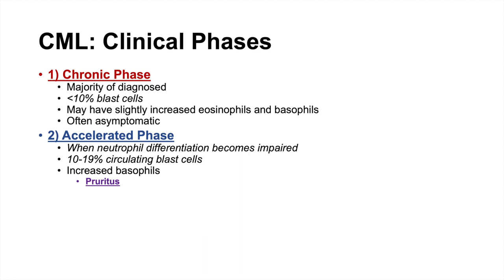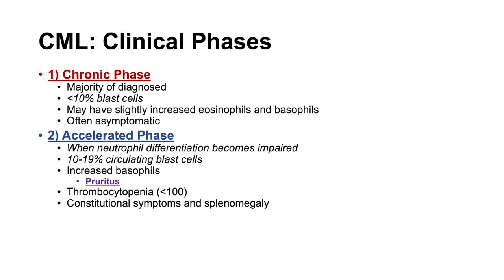The increase in basophil count can lead to pruritus, so itching. We also start to see thrombocytopenia at this time because some of the cells in the bone marrow begin to crowd out other cells. And generally we start to see constitutional symptoms and splenomegaly in this phase as well.